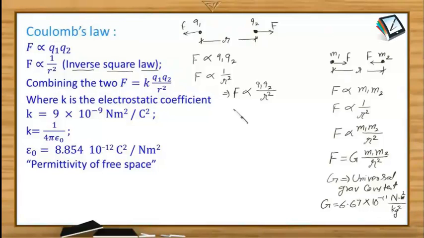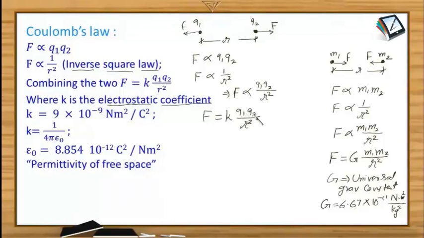Now come back to Coulomb's law. Here the proportionality constant is K. We are using a small letter K because the capital letter is reserved for something else that you will be using in a short while. So here F is equal to K Q1 Q2 divided by r square, and K is named the electrostatic coefficient. In the MKS system, the unit of charge is Coulomb.